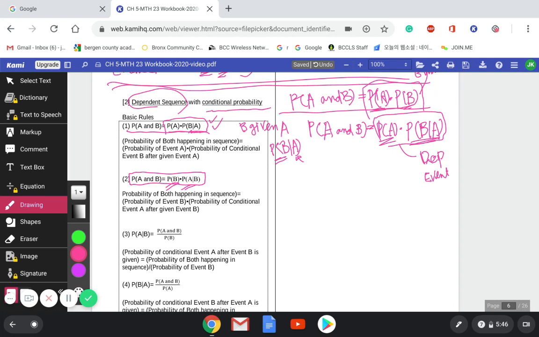So besides these two formulas, another formula that you should recognize and remember is what if they're asking for a conditional portion?